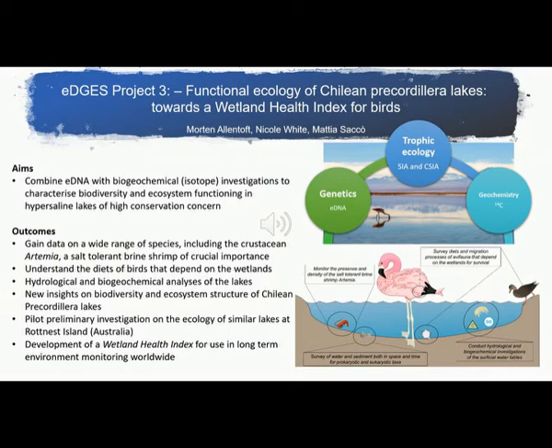We also expect to understand the diet of birds which depend on the wetlands, conduct hydrological and biogeochemical analysis of the lakes, provide new insights on biodiversity and ecosystem structure of the Chilean Precordillera lakes, incorporate a pilot preliminary investigation on the ecology of similar lakes at Rottnest Island here in Western Australia, and ultimately we aim to develop a wetland health index for long-term environmental monitoring worldwide.